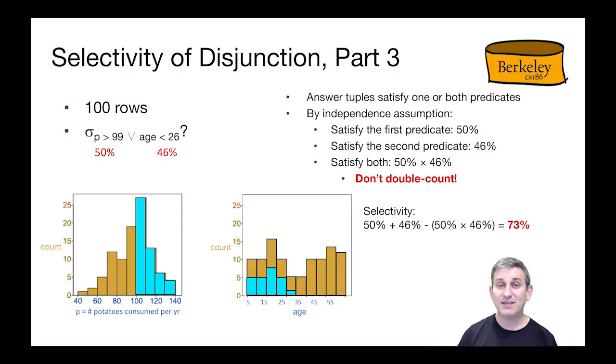And so by the independence assumption, we can say there are some tuples that satisfy the first predicate, that's 50%, some that satisfy the second predicate, that's 46%, and then some that satisfy both, which by independence is 50% times 46%. So the selectivity is the sum of these first two values minus the overlap. So it's 50% plus 46% minus the ones that satisfy both, which is 50 times 46, for a sum total of 73%.